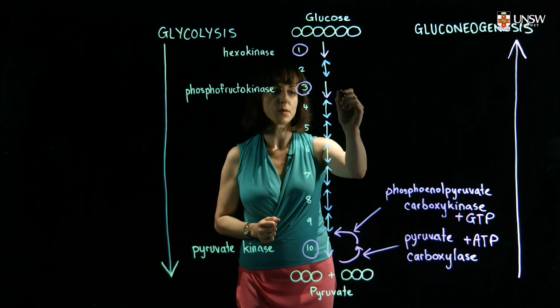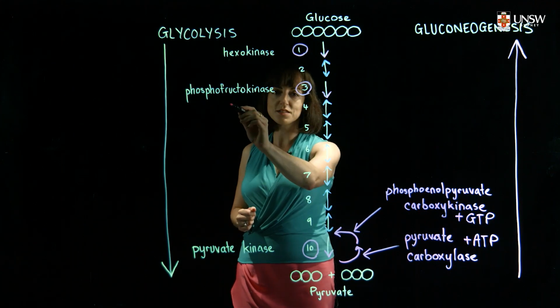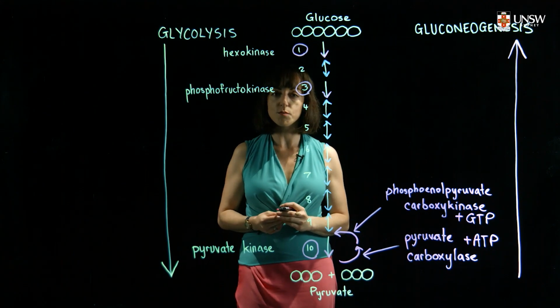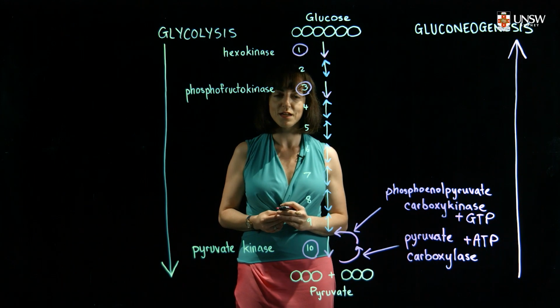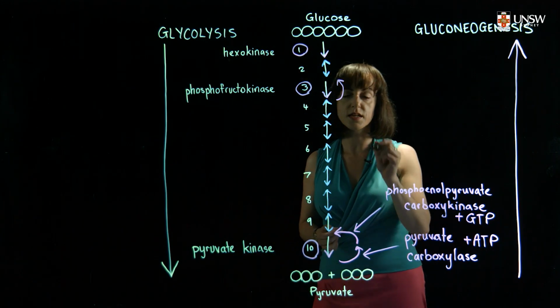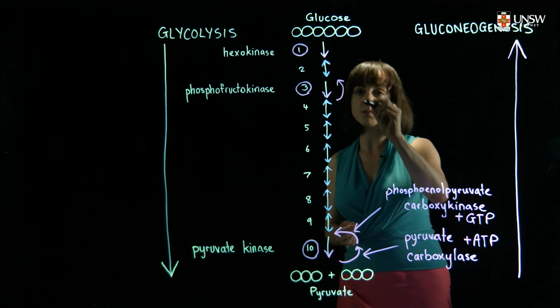So at bypass number 2 of gluconeogenesis, the equivalent enzyme in glycolysis is called phosphofructokinase, and you may be familiar with that enzyme because it's the major rate-limiting enzyme in the process of glycolysis. But the enzyme at bypass number 2 of gluconeogenesis that catalyses this step in reverse is called fructose 1,6-bisphosphatase.